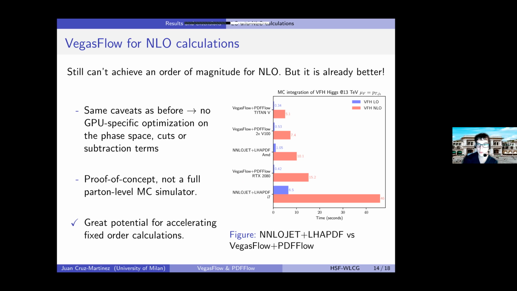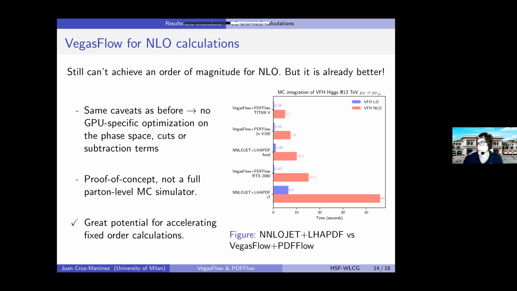However, in this particular case, on the NNLOgic side, there's a lot of extra optimization on the phase space side, which I didn't implement in this example because it was beyond the scope. So you actually needed almost a factor 10 more points to arrive at the same level of precision.